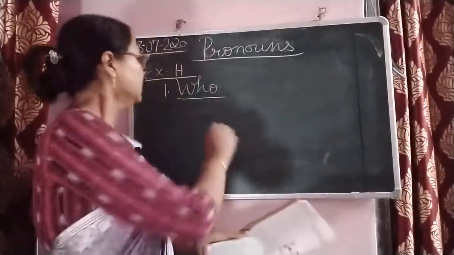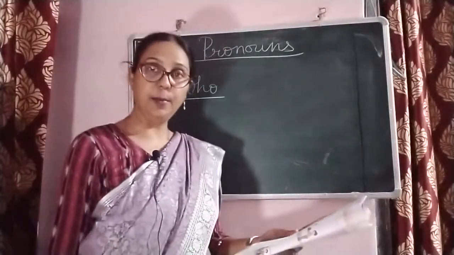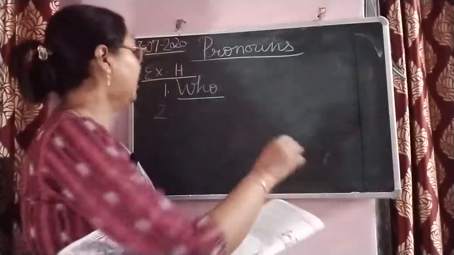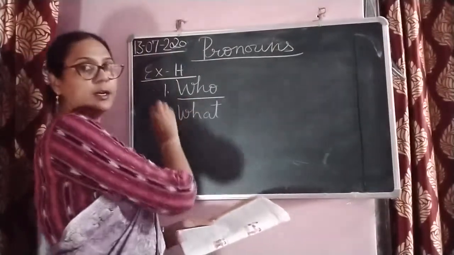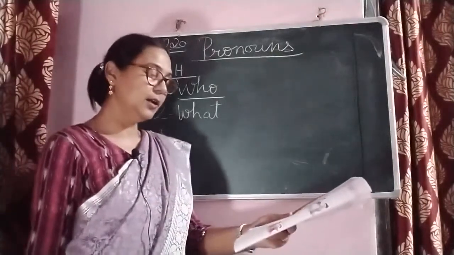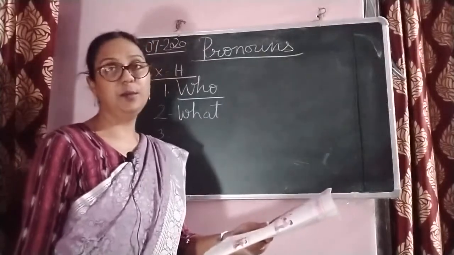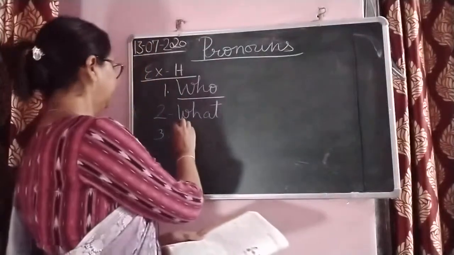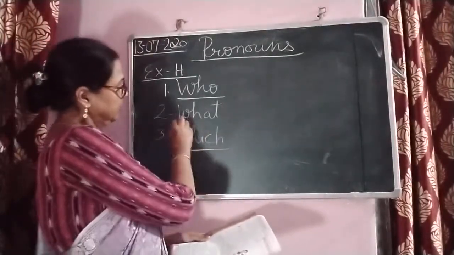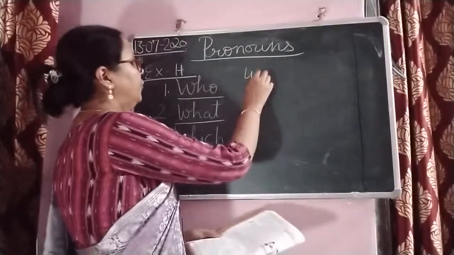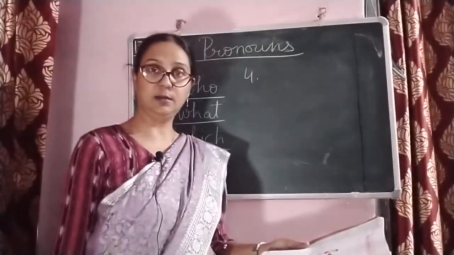Now, second number, dash is your roll number. What is your roll number? Now, third is, dash of the books have you read? Which of the books have you read? Now fourth, dash textbook is this.